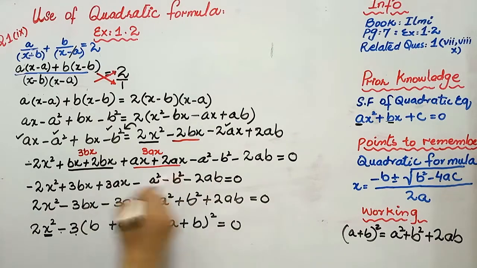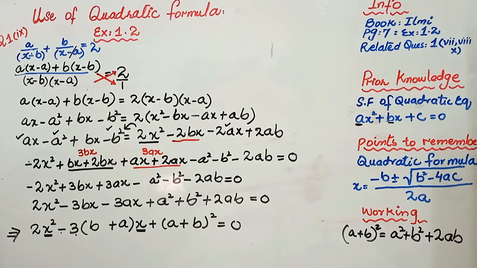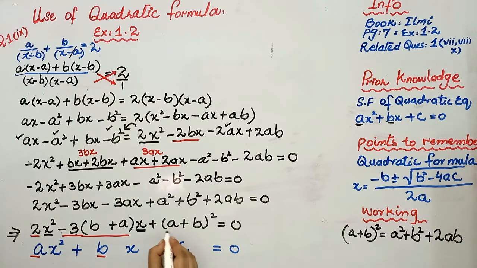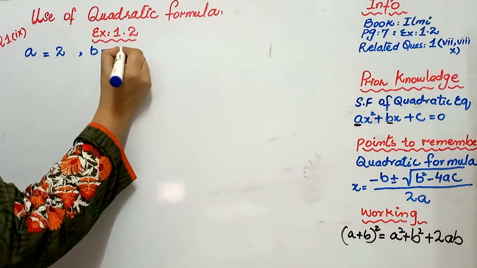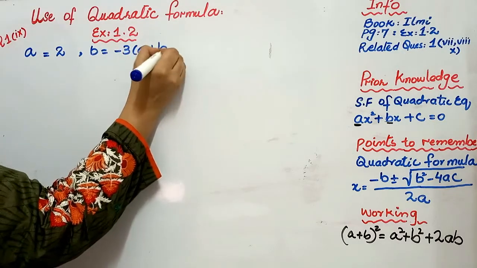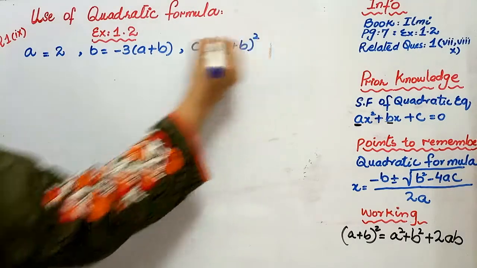Fine. If I am going to compare this equation with the standard form of the quadratic equation, then you can easily judge that a will be equal to 2, b is equal to minus 3 into a plus b, and c is equal to a plus b whole square.